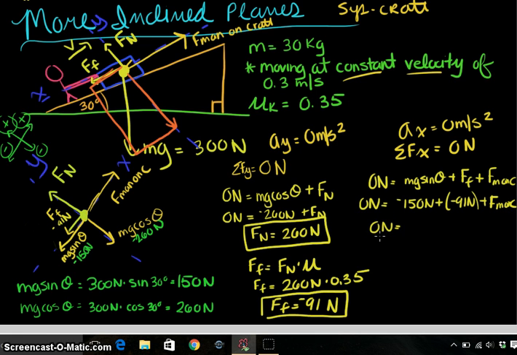Okay, so we end up with our 91 and 150 being summed together. That gives you a negative 241 newtons plus force of man on the crate. So we find force of man on the crate to be 241 newtons.